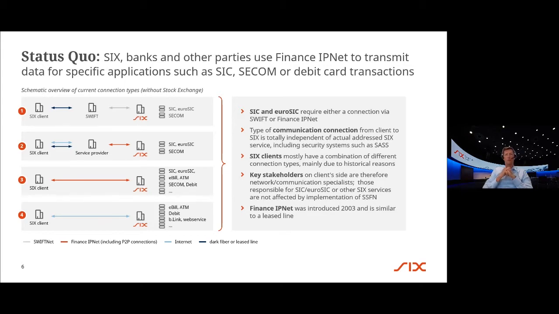For SIG, as you know, the 2 access paths are either via SWIFT or alternatively via Finance IPnet. If you come via Finance IPnet, then there are 2 sub-options. The one is you come in directly with your own Finance IPnet connection, or you have a service provider which will do the service for you.